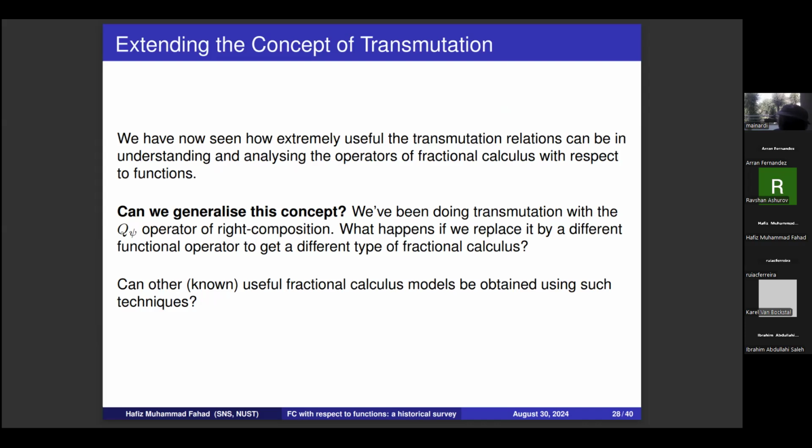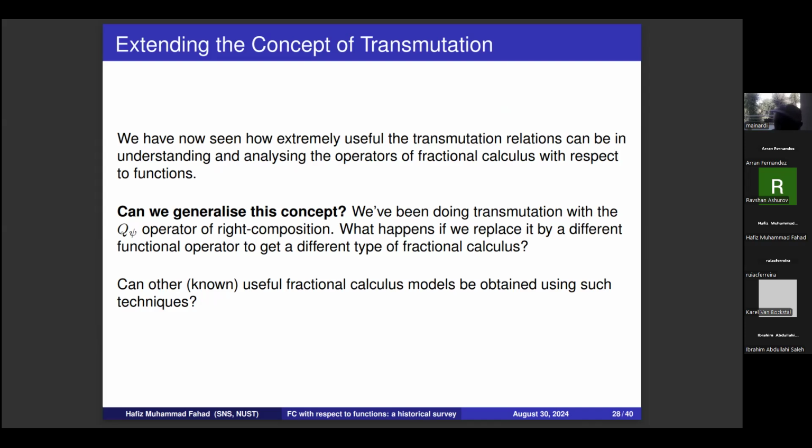And here now, the question is, can we generalize this concept? Up to this point, we have focused on transmutations using the operator, let's say Q of psi, which involves right composition. But what if we consider replacing this operator with a different functional operator?